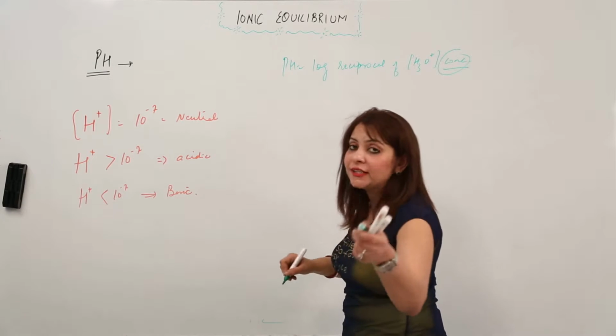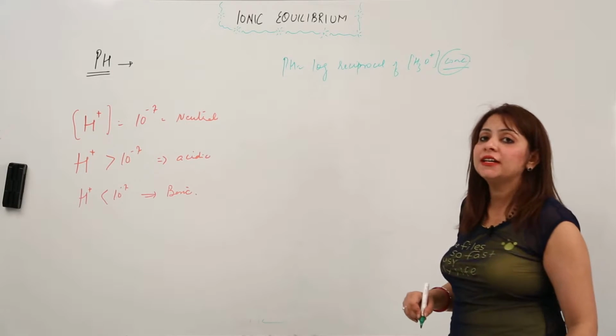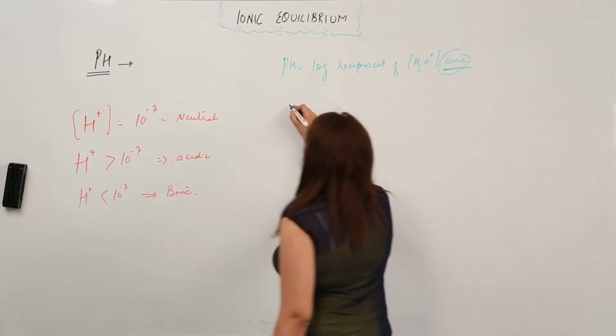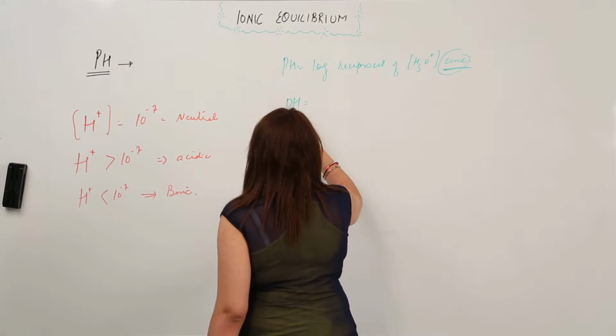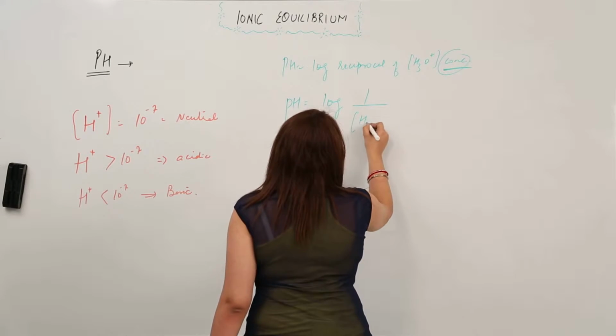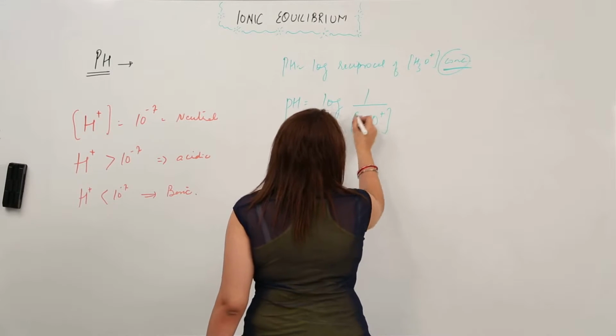As you know, if I put brackets, there is no need of writing the word concentration, but I wrote it so that you should not get confused, right? So the mathematical expression for pH is the logarithm of the reciprocal of hydronium ion concentration. And we have another form: the pH is the negative of the logarithm of hydronium ion concentration.